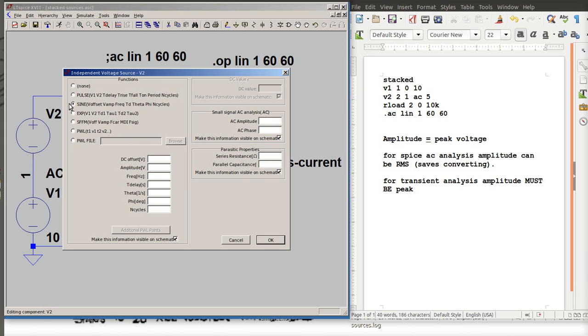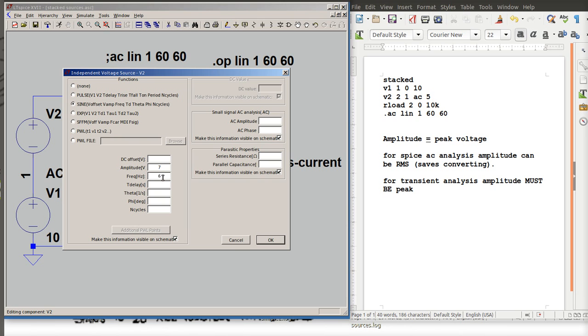I might do an example at some point. But I can choose the sine wave, and it asks me if I want a DC offset. My amplitude for transient needs to be my peak voltage. So 5 volts RMS works out to be about 7 volts peak, sorry.